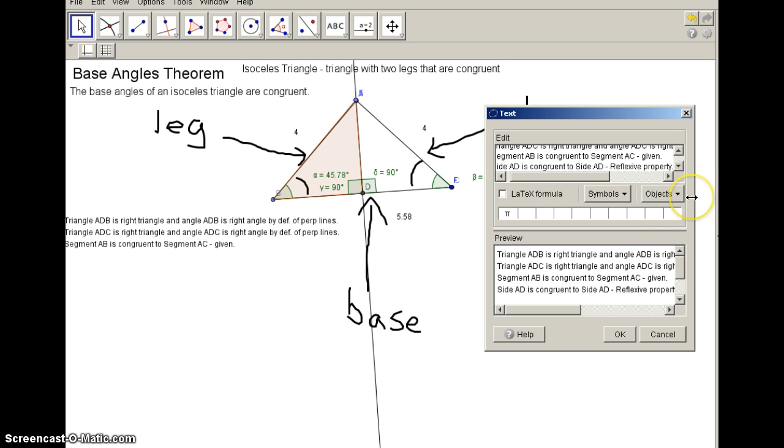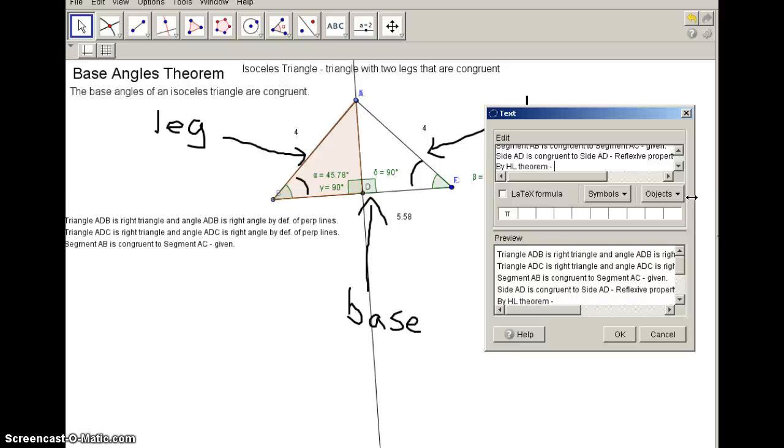Okay, so now we know these two triangles are congruent to each other by something called the hypotenuse-leg theorem. Okay, this is a theorem you can use to prove that triangles are congruent to each other. So by the hypotenuse-leg theorem, if we know one leg and one hypotenuse of a right triangle are congruent to the corresponding leg and hypotenuse of another right triangle, then we know that the triangles are congruent.